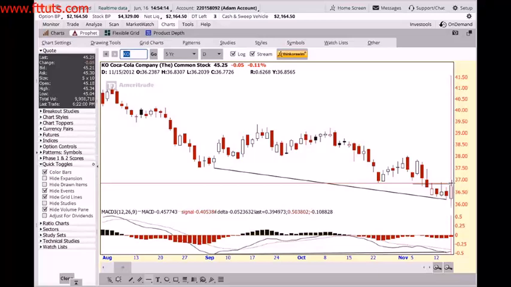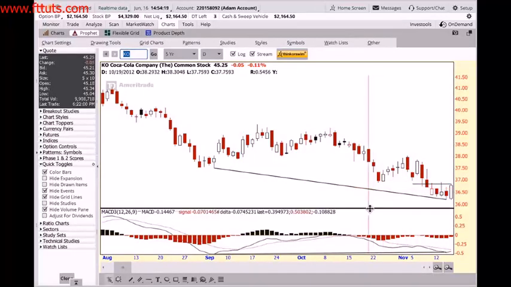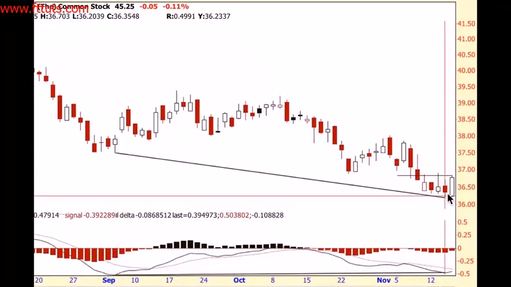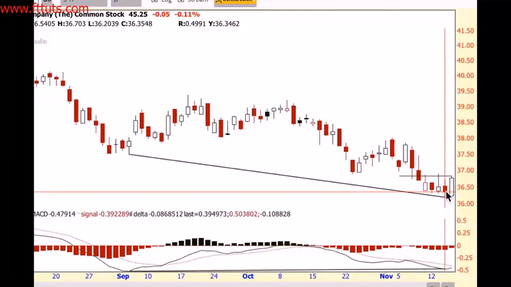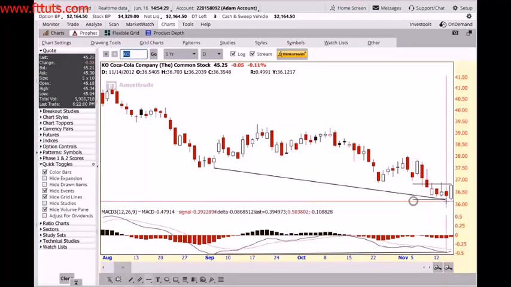It's roughly about 36.86, somewhere around here. And a stop loss would be 3 cents below the low of this candle. The low of the candle is 36.20, so 36.17 would be my stop loss. 36.17.